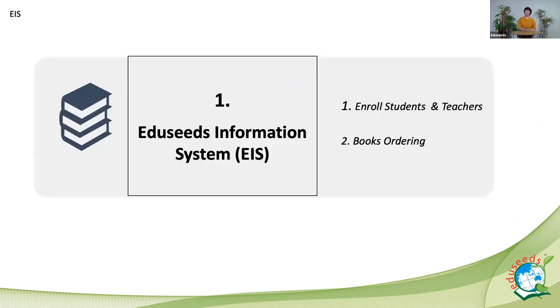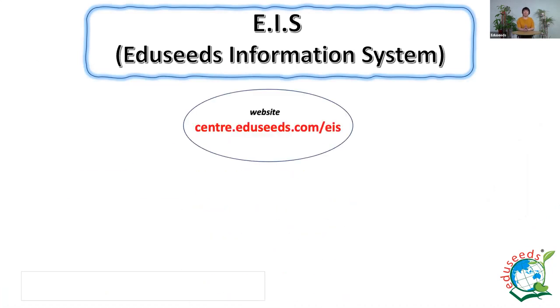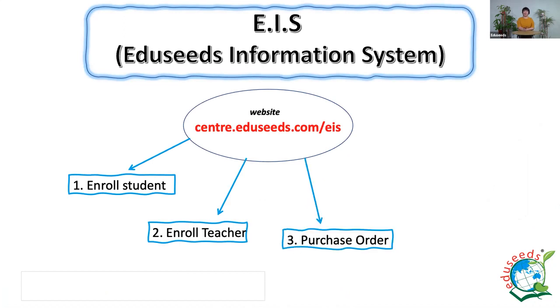Now, for Eduseeds Information System, as we say, EIS, the first is to enroll the students and the teachers into the system. The second is for the book ordering. For the EIS system, there are four main roles: enroll the students, enroll the teachers, purchase order, and also we can check the purchase report.